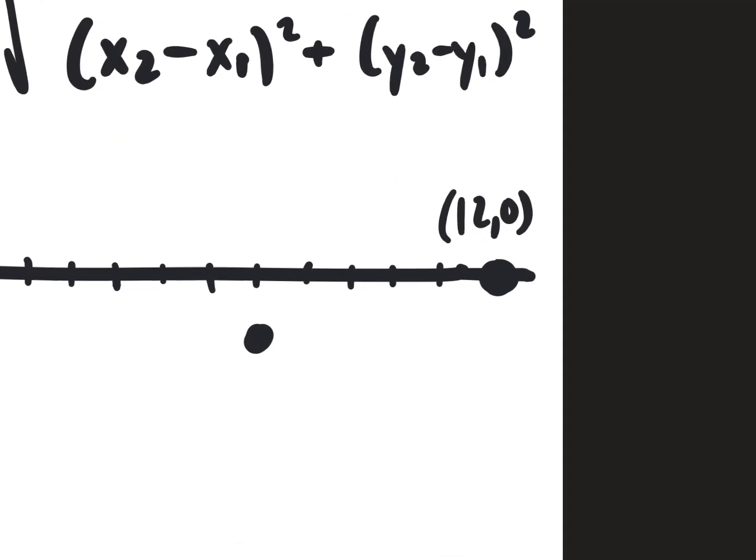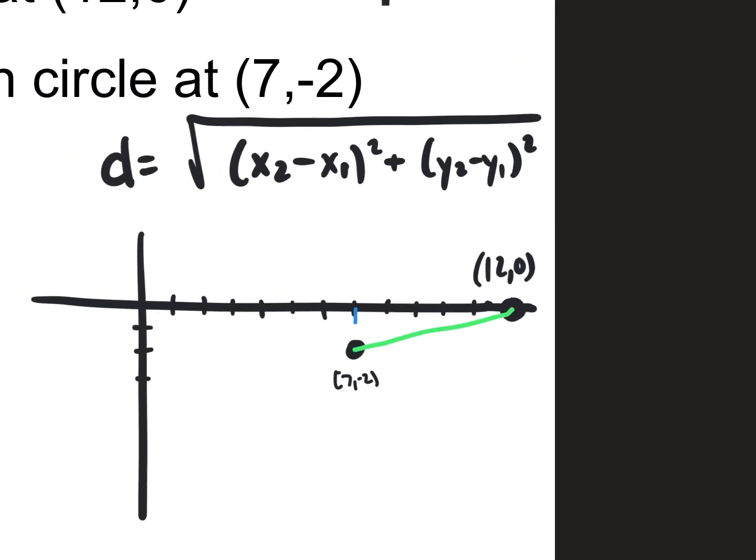Figuring out the distance from this point to this one is the same as solving for this right triangle and using the Pythagorean theorem, where this was 2 units difference there, and this was 5 units here.